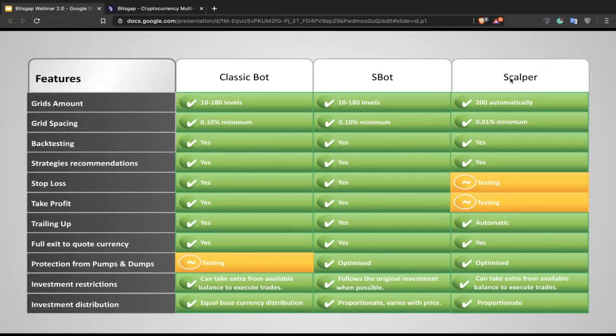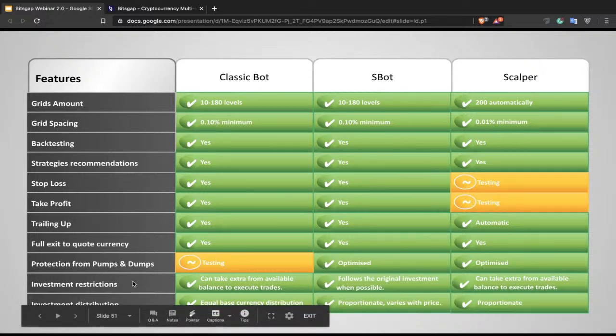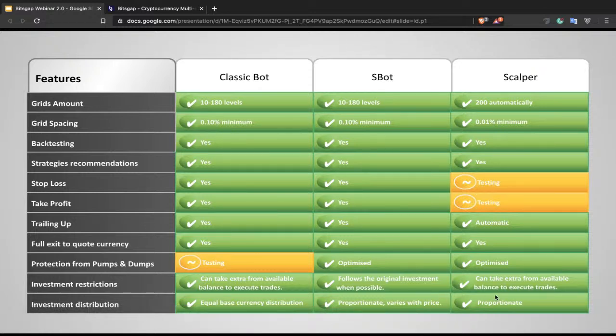Soon the SBot will be united with the scalper, so that means that we will have 0.01% and we will be able to adjust our trading range in any way we want. Key differences are right below. Investment restrictions vary, and investment distribution also varies. The way these bots distribute your investment is different.